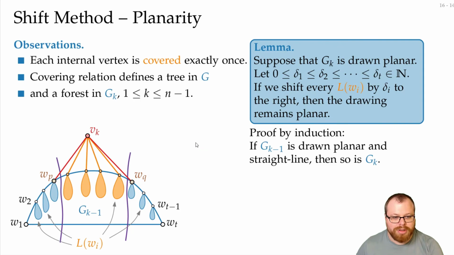And then, since we have this lemma, that means that we can apply our shifts at every step and we don't create any new crossings, and so the whole method gives us a planar drawing. And in the final part, we want to figure out what is the runtime of this algorithm.